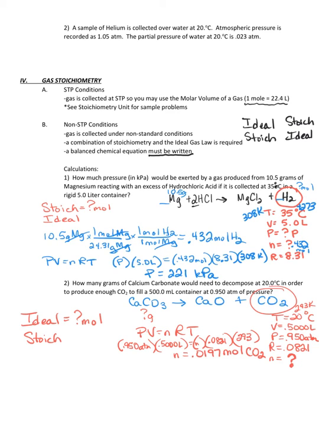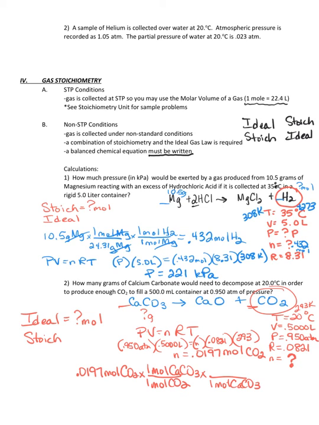But they don't want CO2, they want the CaCO3. So we have to do some stoichiometry now. 0.0197 moles of CO2. For every 1 mole of CO2, according to this, it's a 1-to-1 mole ratio, is 1 mole of CaCO3. But they don't want moles, they want grams, so we need to do a molar mass calculation.